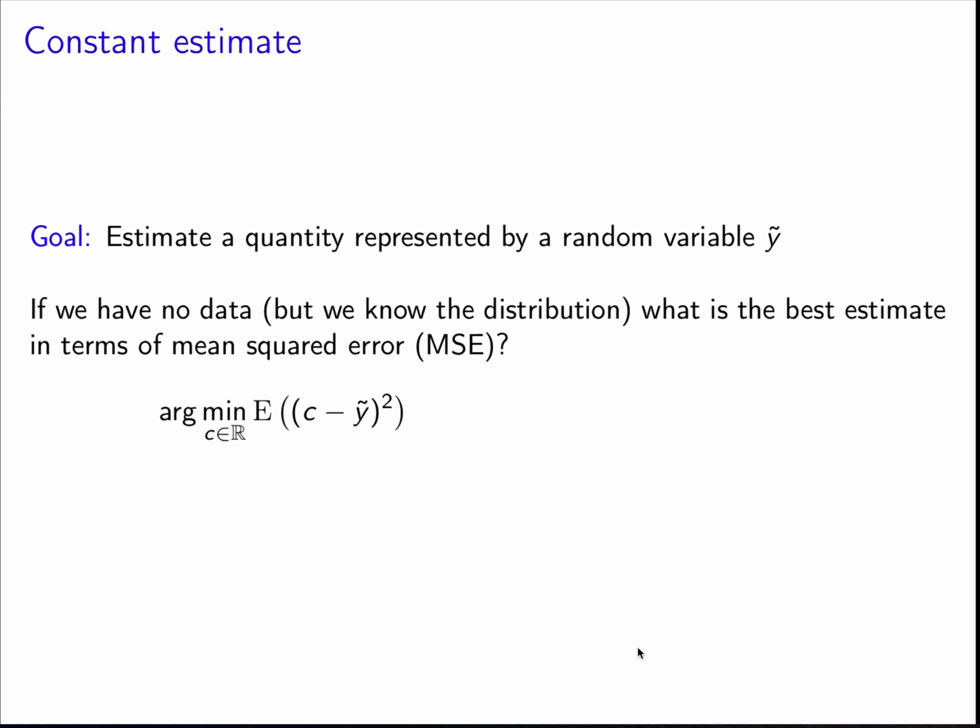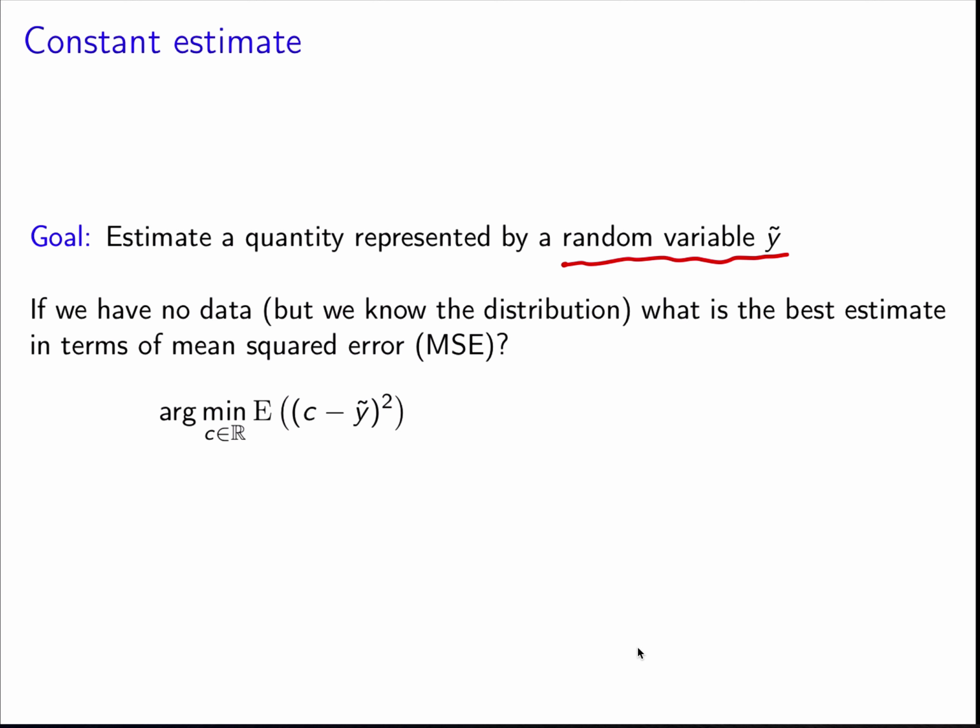We're going to start with a very simple result, but as we will see, even though it's very simple, it's really useful and we'll use it in several places. The question here is, we're interested in estimating a quantity represented by a certain random variable y. And we will see later on that what we will do in regression is we estimate y from other quantities that we observe.